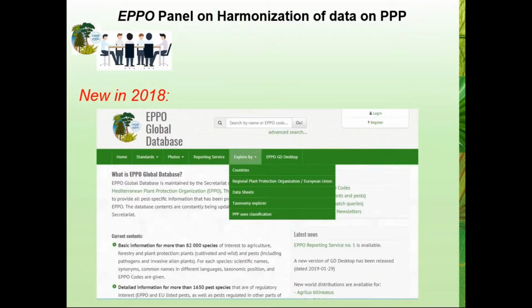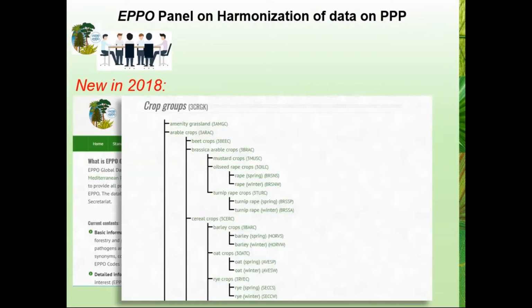Also, I'd like to draw your attention to a new way of visualizing the classification. In addition to the classical visualization in the Global Database, if you go on the home page of the EPPO Global Database and click on the menu Explore By, at the end you have PPP Users Classification, which leads you to this screen, which allows you to visualize the classification as a hierarchical tree.